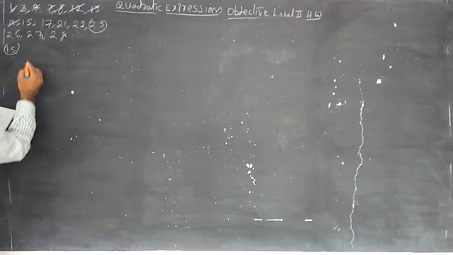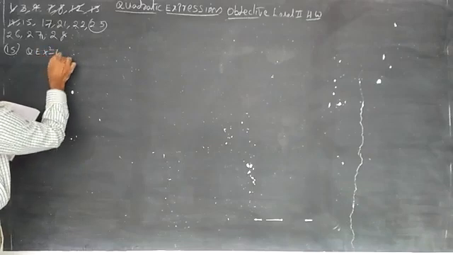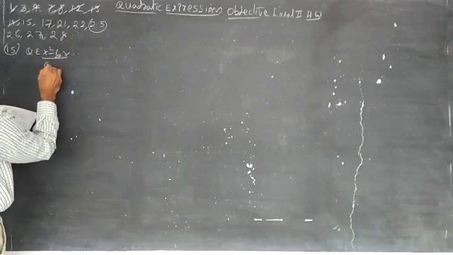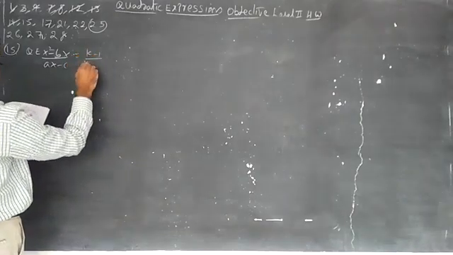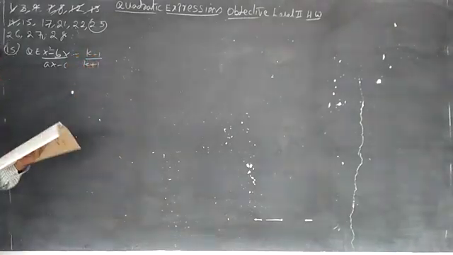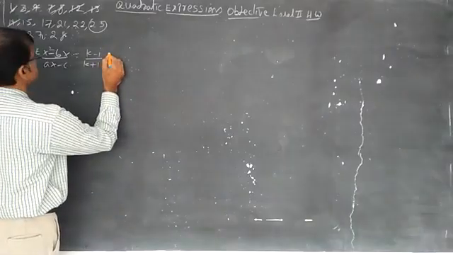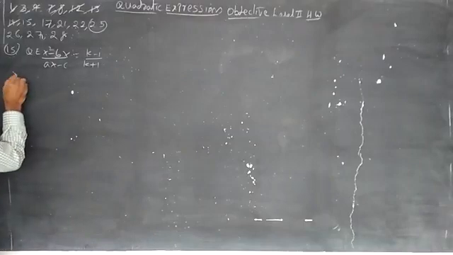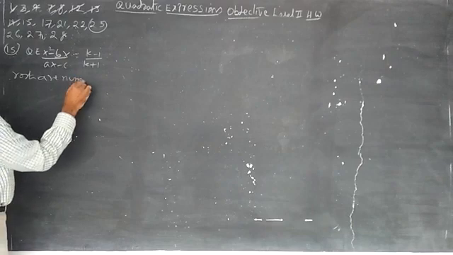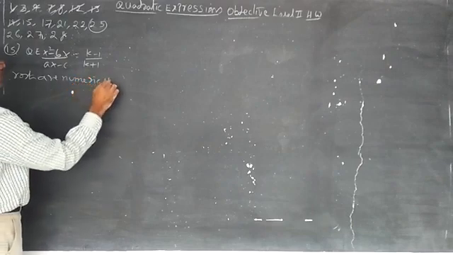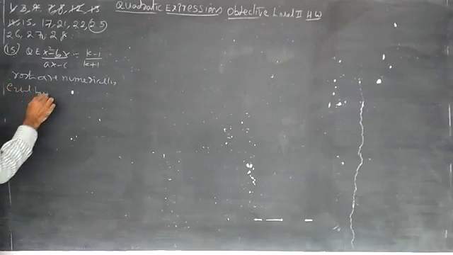If the roots of the quadratic equation (x² − bx)/(ax − c) = (k − 1)/(k + 1) are numerically equal but opposite in sign.